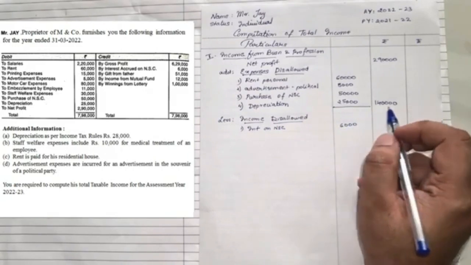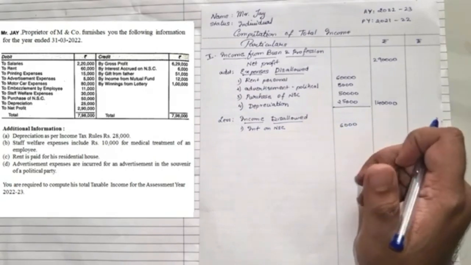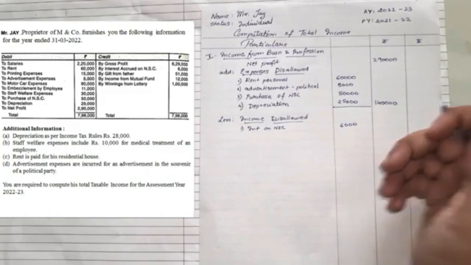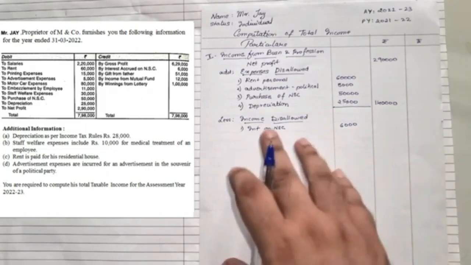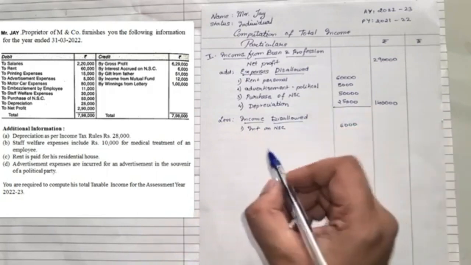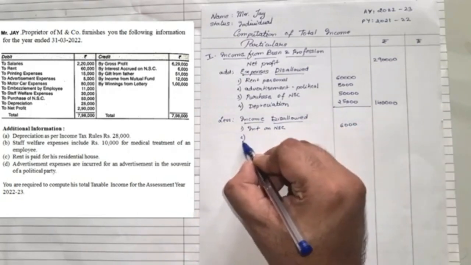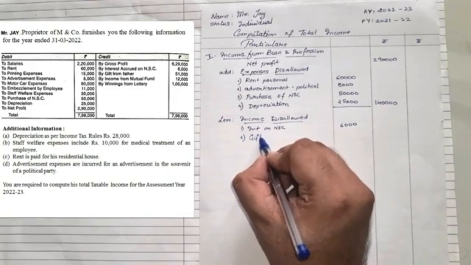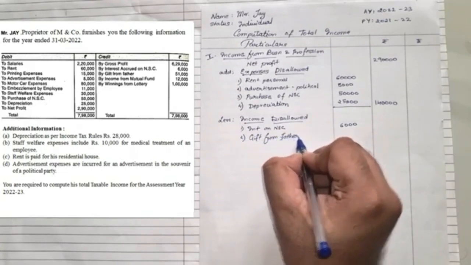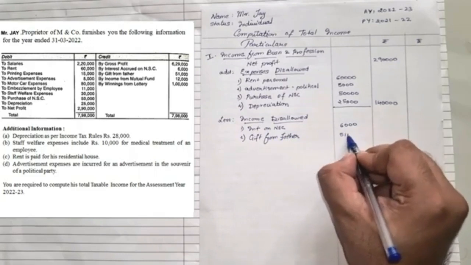Next is gift from father. Always remember, gift from father, mother, grandparents and your siblings are not taxable under the income from other source, but since this is a business and profession income, it is not a business related income, so it will appear here. The second, gift from father, since it's not business related, we'll note it down, 51,000.